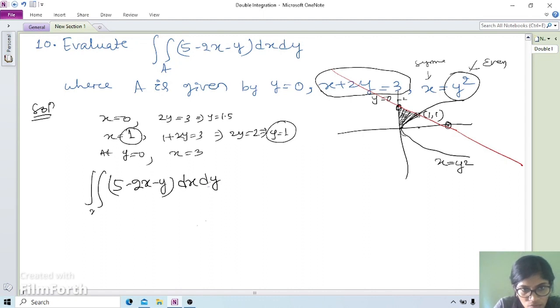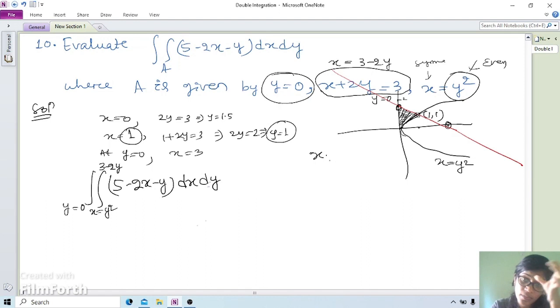That means here we'll take the limit x equal to y square. It is bounded with the equation of the line x plus 2y equal to 3. That means here x equal to 3 minus 2y, that means its upper limit is 3 minus 2y. The next is the y limit, where one limit of y is given as 0.